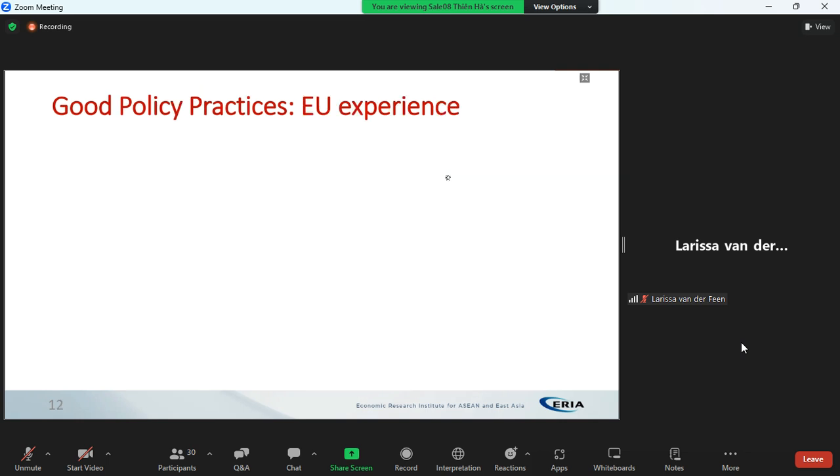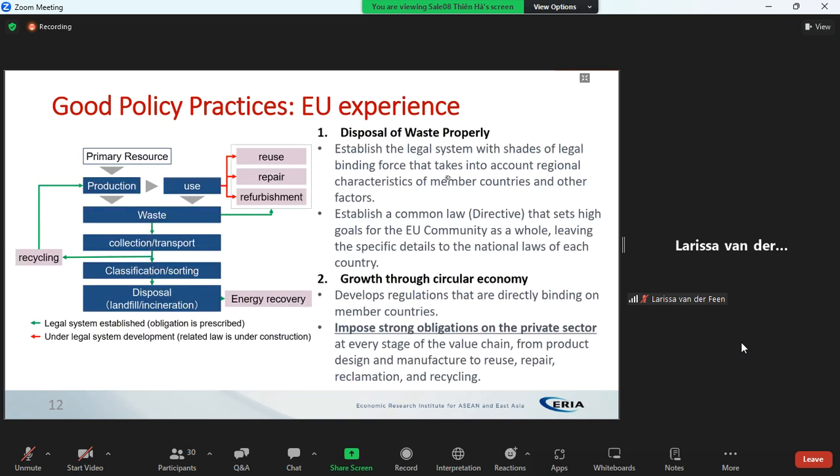We also considered the case of the EU. They are establishing a legal system with legally binding force that takes into account the regional characteristics of member countries and other factors. They are also establishing a common law that sets high goals for the EU community as a whole, leaving the specific details to the national laws of each country.